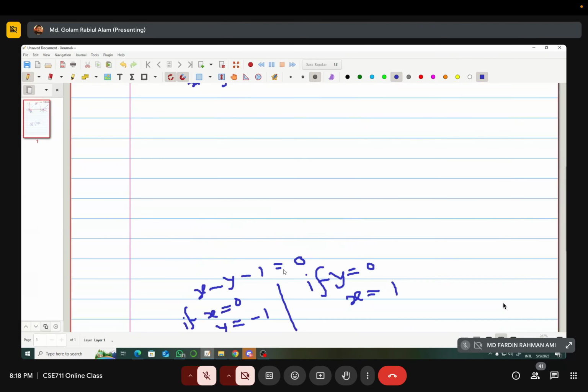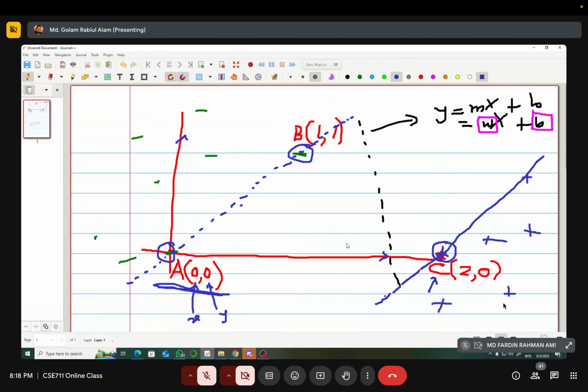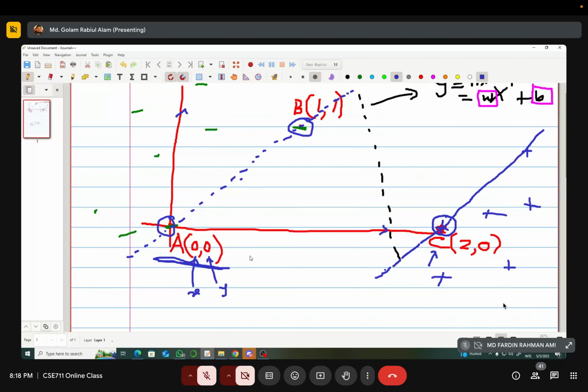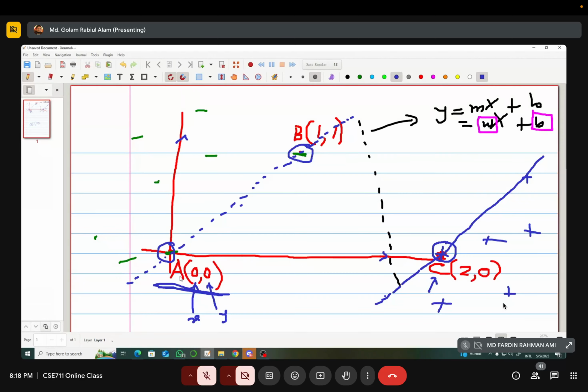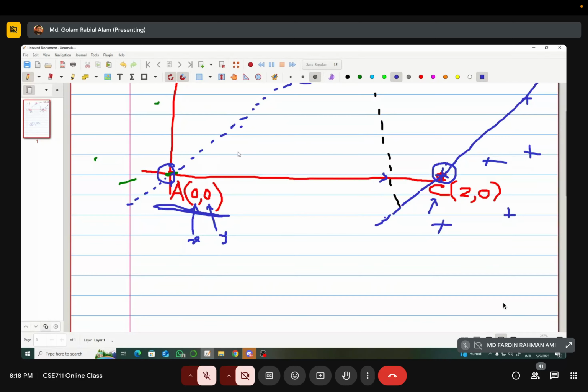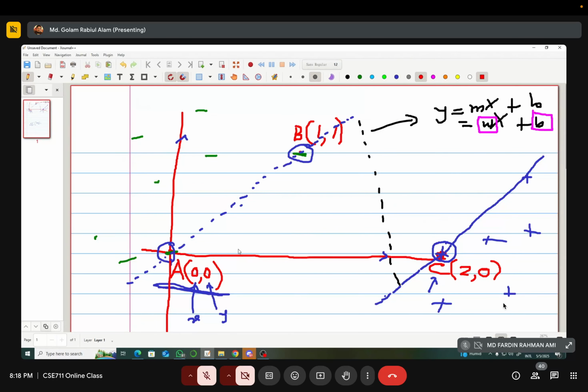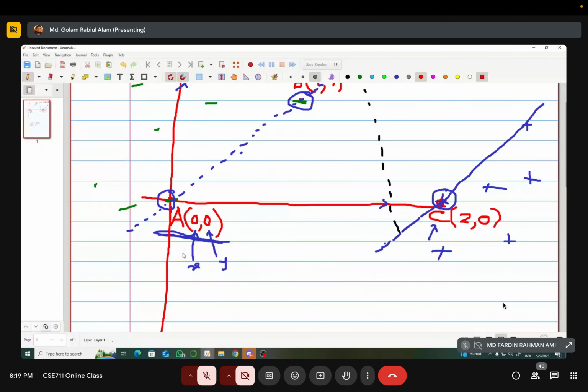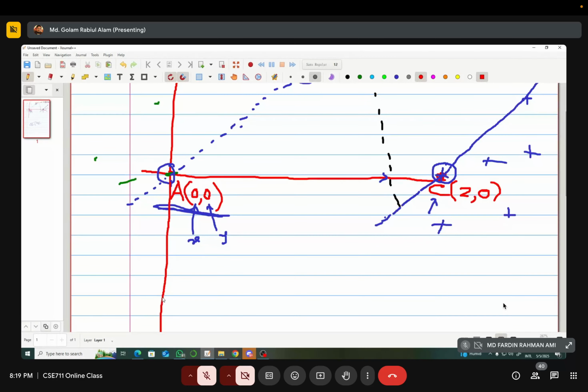So that means when x is 0, y is negative 1. In this plot, when x is 0, y is negative 1. Maybe you can say negative 1 is here.